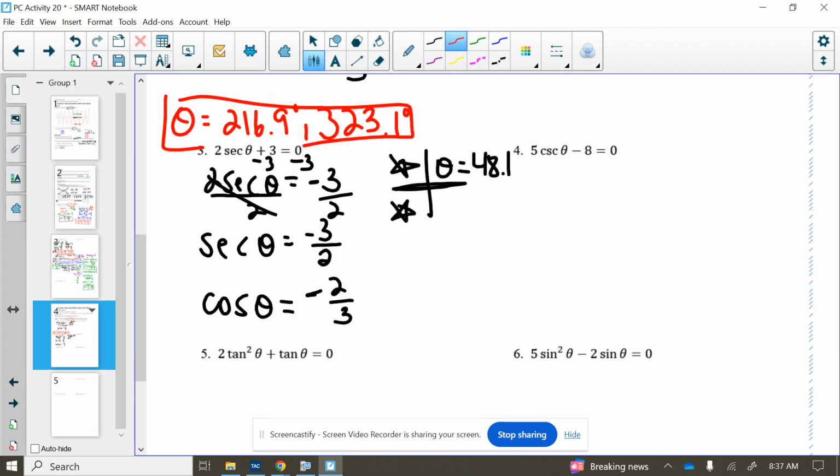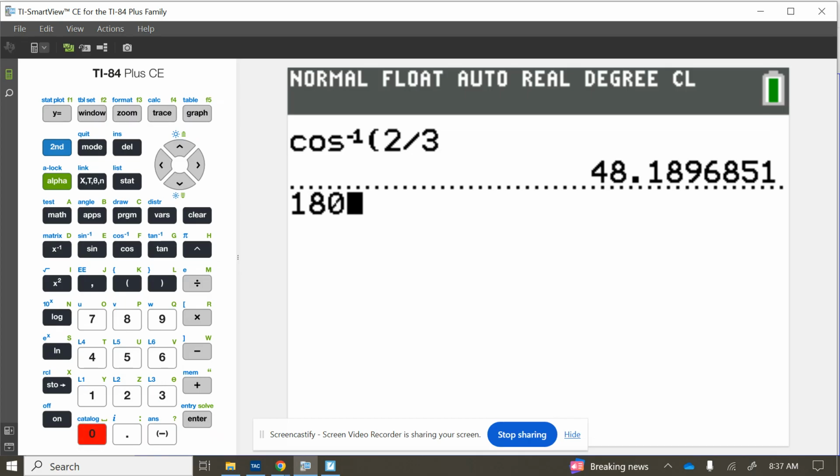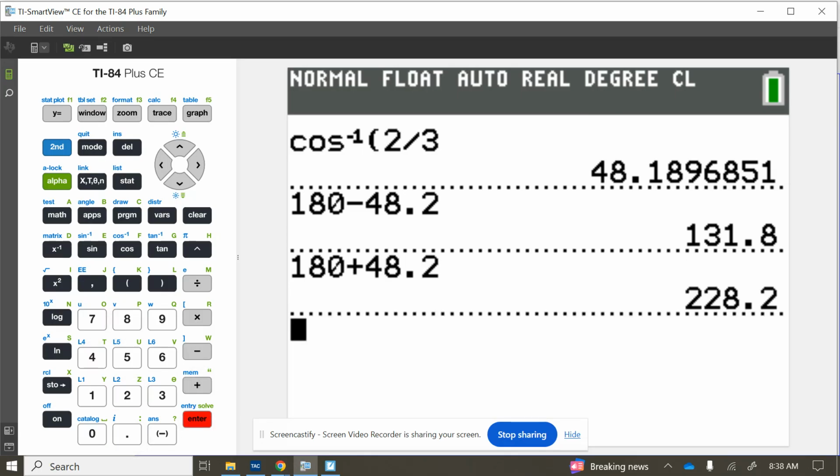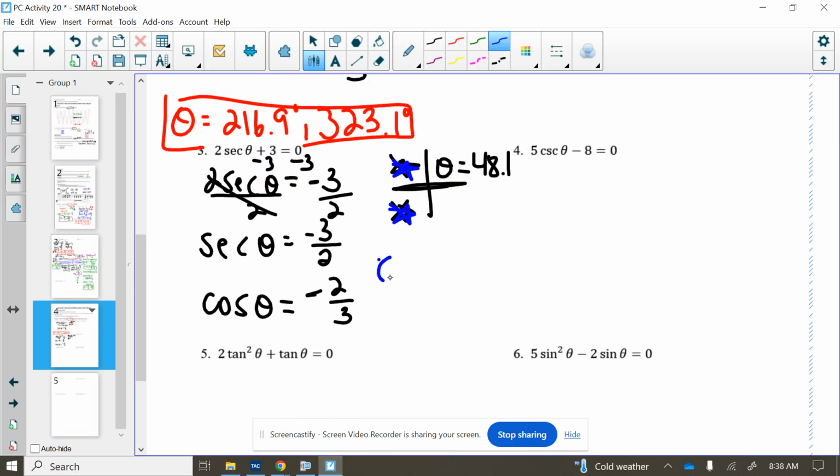But again, I know my two final answers have to come from quadrants 2 and 3. So to get quadrant 2, I'm going to subtract away the reference angle from 180. And to get quadrant 3, I'm going to add that reference angle to 180. And we get our two answers of 131.8 and 228.2.